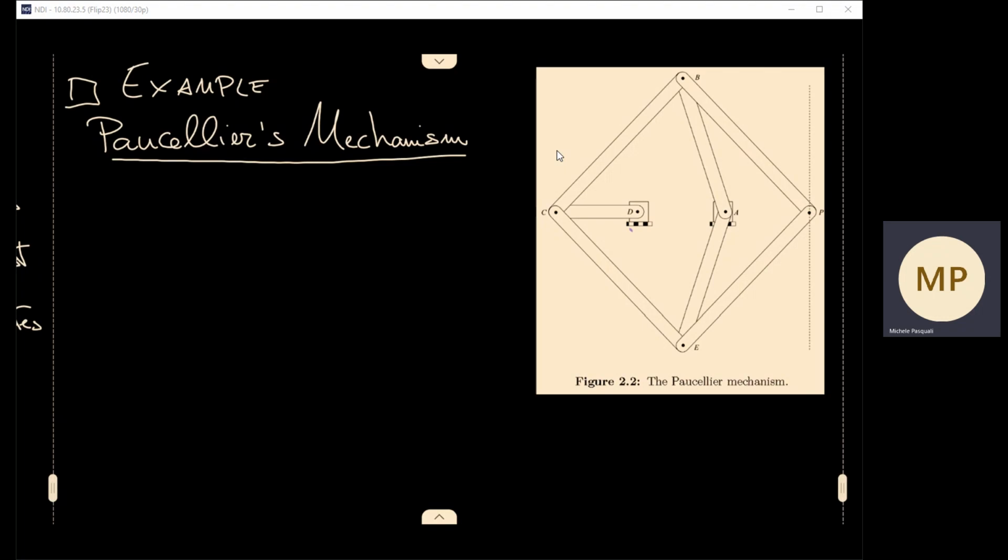So here you have typically an engine at point D, which exerts a torque. Here at A, you have just a fixed hinge. And all of this is made to convert a rotary motion here into a linear motion of the point P, which describes this rectilinear trajectory. Okay? It's one of the classical mechanisms.